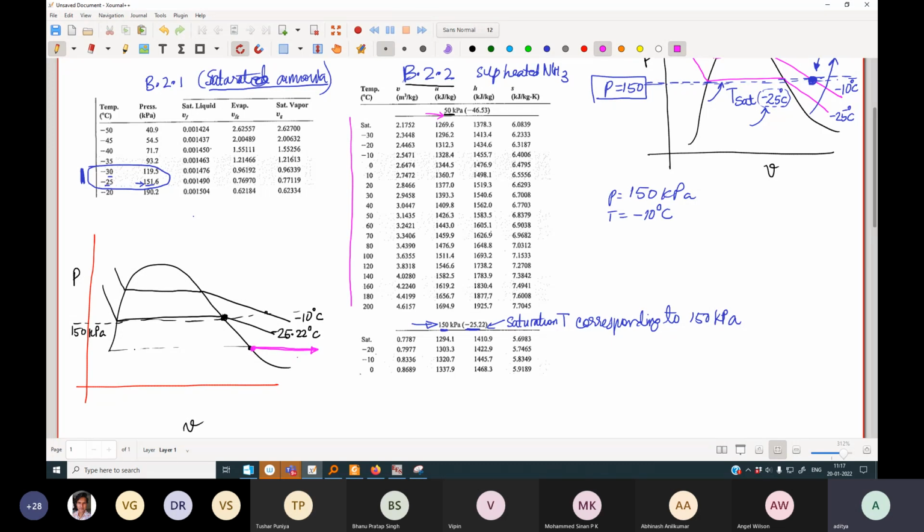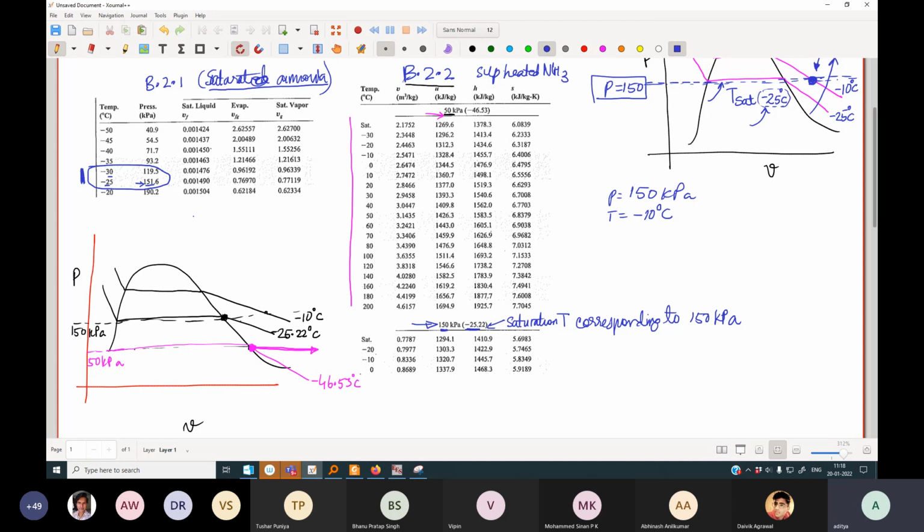Is this understood by everyone? Yes, sir. So you're starting off at just the saturation point, the corresponding temperature at 50 kilopascal. This is the 50 kilopascal line, and this particular isotherm is the minus 46.53 degrees Celsius isotherm.